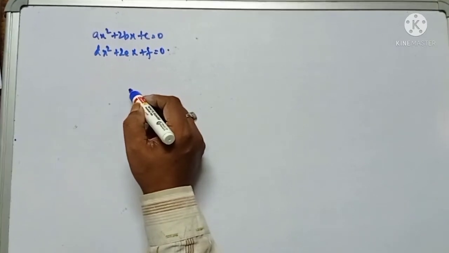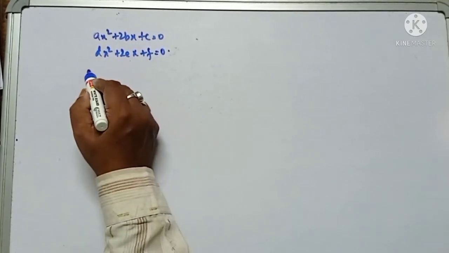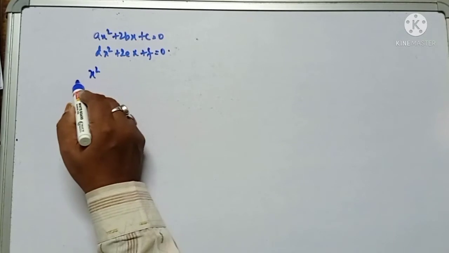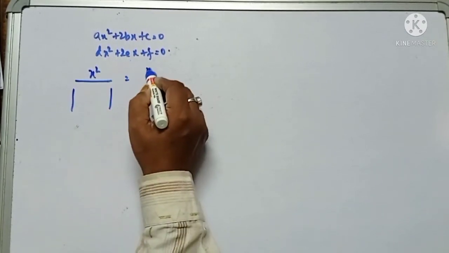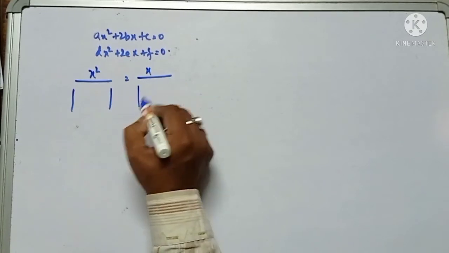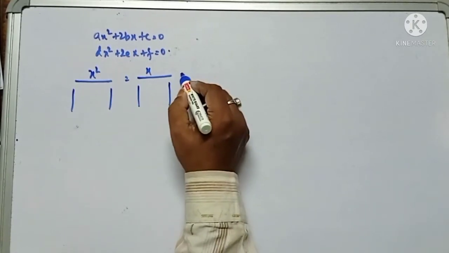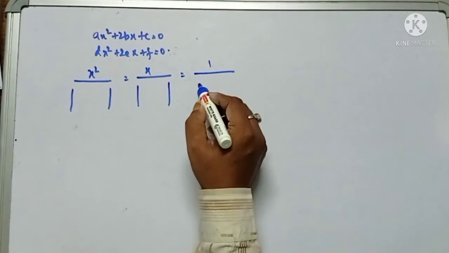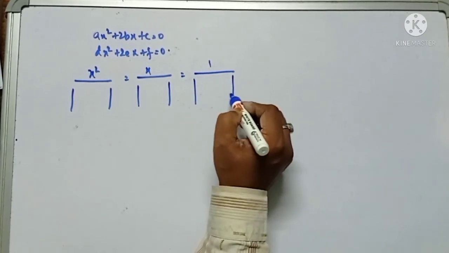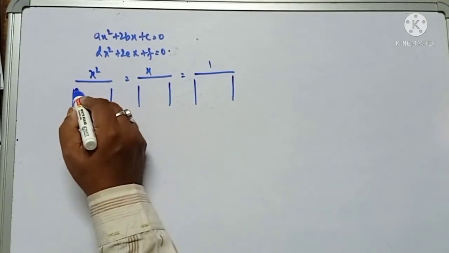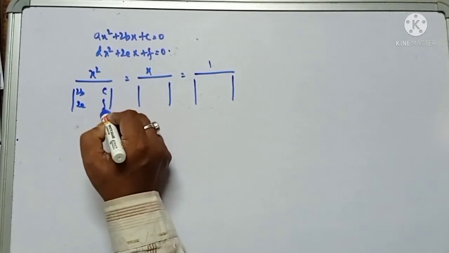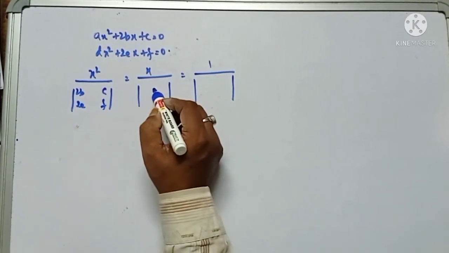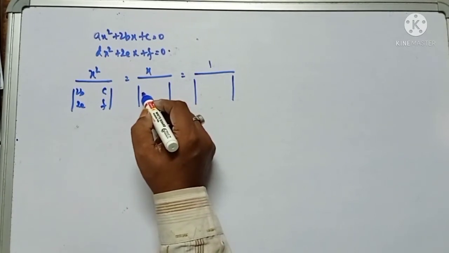To solve common roots, the procedure is we take the help of the cross multiplication method, which you have read in class 10. So 2b, 2e, c, and this is actually a class 10 question.